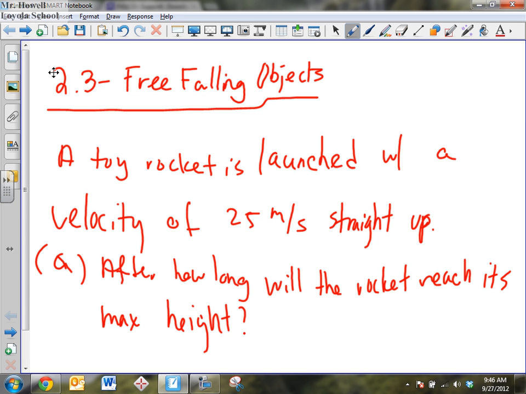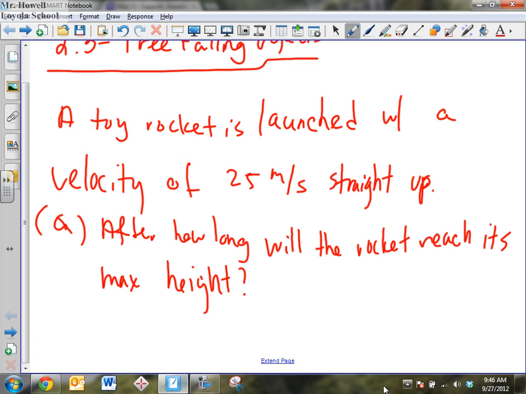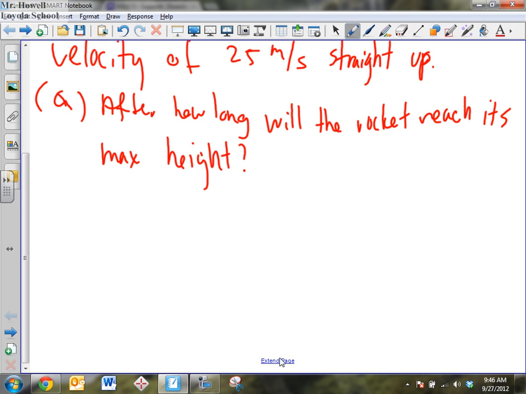So, for this kind of a problem, here's what I want you to do. Please draw a diagram. Here's your diagram. Rocket being launched. Initial velocity is 25.